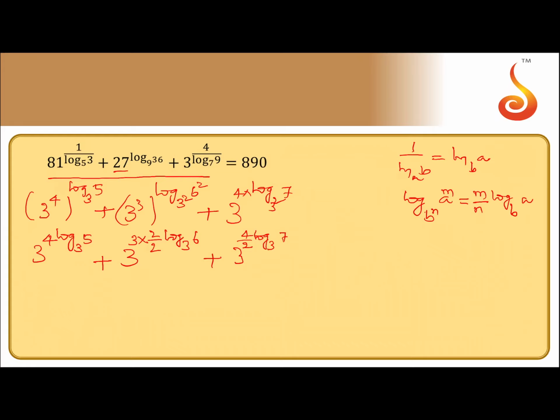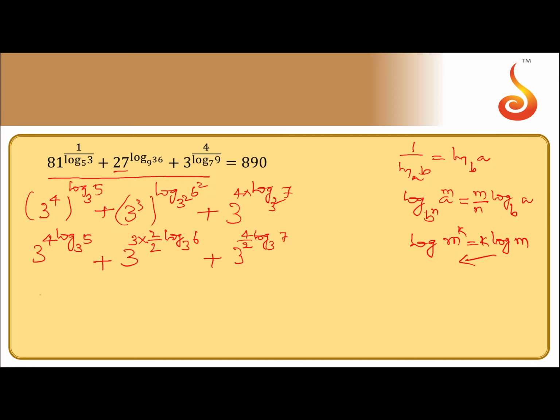And we know there is a formula: logarithm of m to the power of k can be written as k times log m. Even in the reverse order, k log m can be written as log m power k.